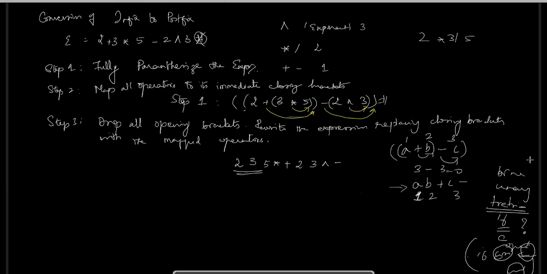A unary operator, like the not symbol or negation, takes only one operand. If I say minus A, then I am just negating A. If A takes value 3, the result of minus A will be minus 3. Right? This not is for logical negation.